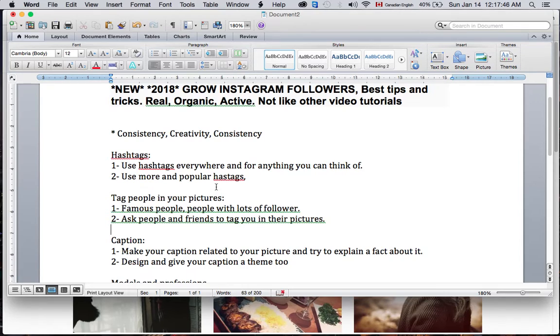Try to be as relevant as possible. Try to use hashtags that are more related to your picture, but not necessarily directly related. For example, if you're showing scenery or nature, it's always okay to use popular hashtags such as love, laugh, fun, and things like that. But don't use hashtags that are totally unrelated.